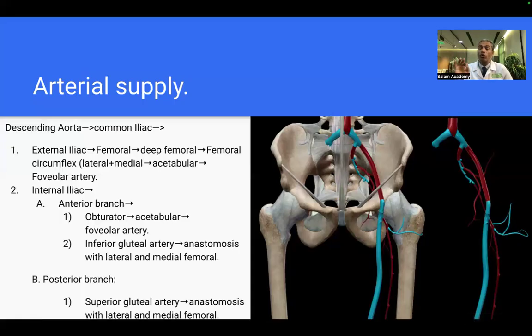The biggest one, or the master, is the medial femoral circumflex artery, which bifurcates from the deep femoral artery. It comes from the femoral artery, the deep femoral artery, the lateral femoral circumflex artery, and the medial femoral circumflex artery. The medial femoral circumflex artery is the main blood supply to the hip region, and this is the lateral.